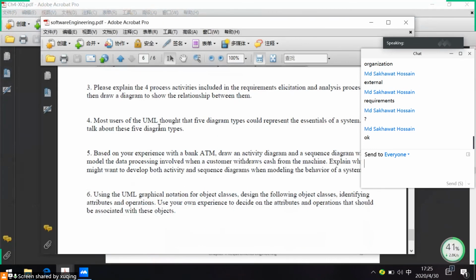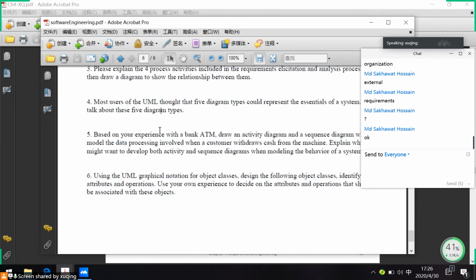Then for the fourth exercise, we are asked to talk about the 5 diagram types of UML. This one was also in the 6th assignment.